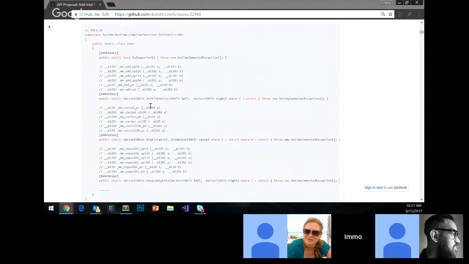If it went into .NET Standard, you'd essentially need is supported on every single method, wouldn't you, to say whether the runtime supports it?